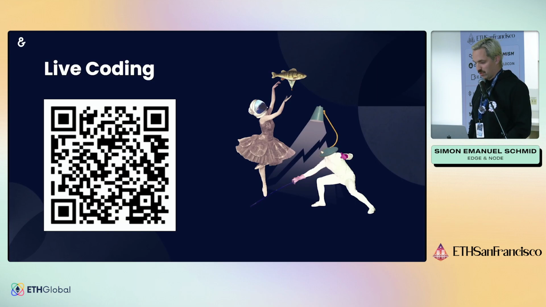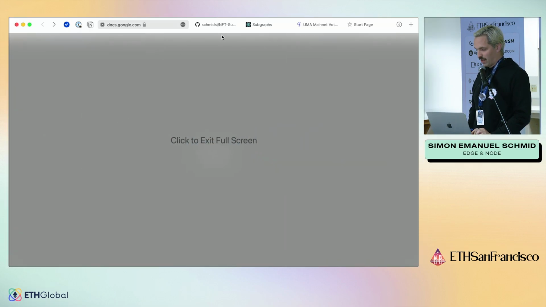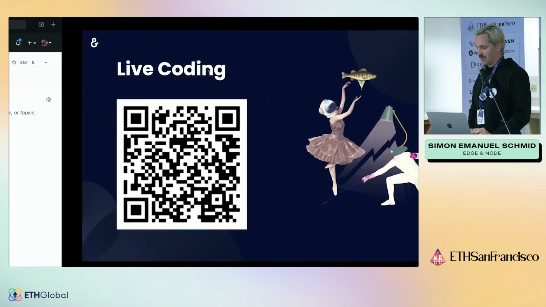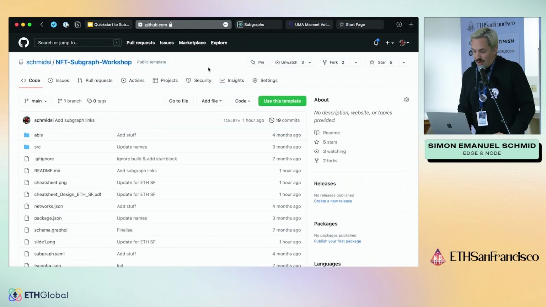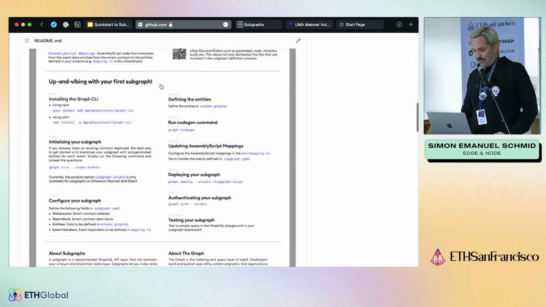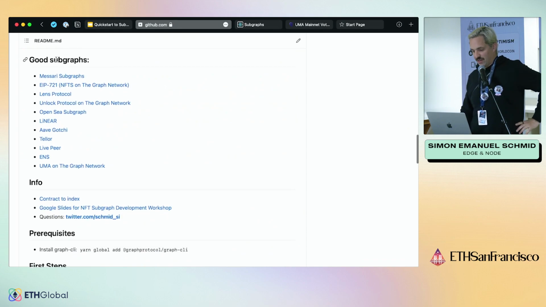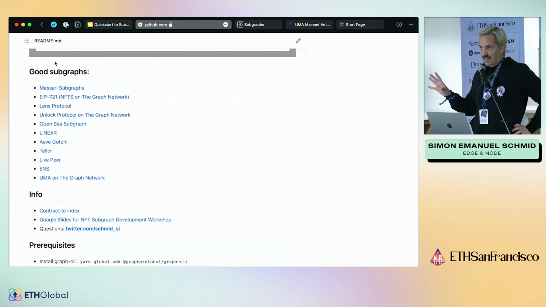Also, if you go there, you see I also added some interesting stuff for you, and especially the good subgraphs. So here is the trick. When you are at a hackathon, you want to get as many bounties as possible from different sponsors, right?